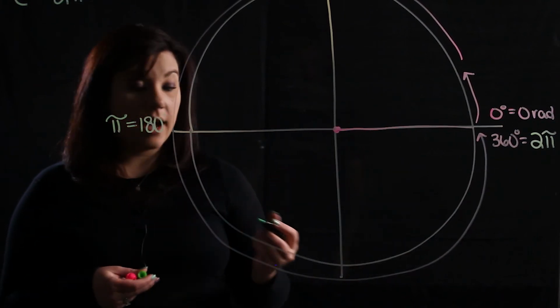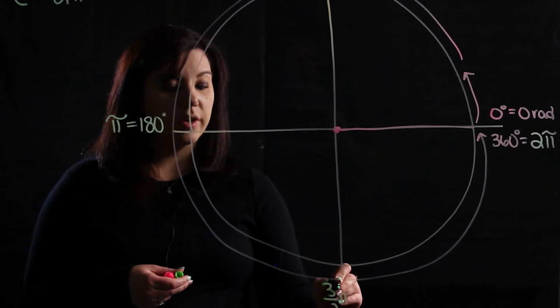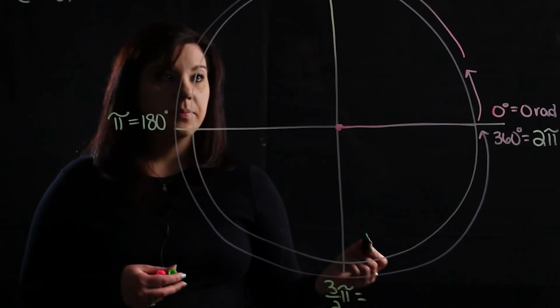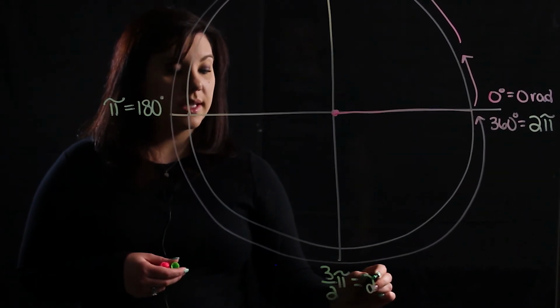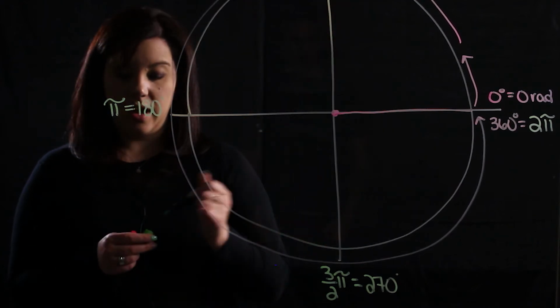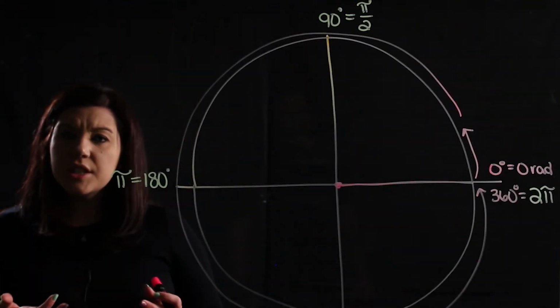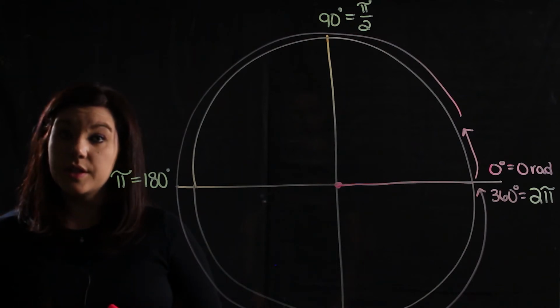So we have 3/2 pi, or 3 pi over 2. If we add another 90 degrees to my 180, that puts us at 270 degrees, 3/4 of the way around our circle. Let's do a couple examples of finding where different angles are on our unit circle.